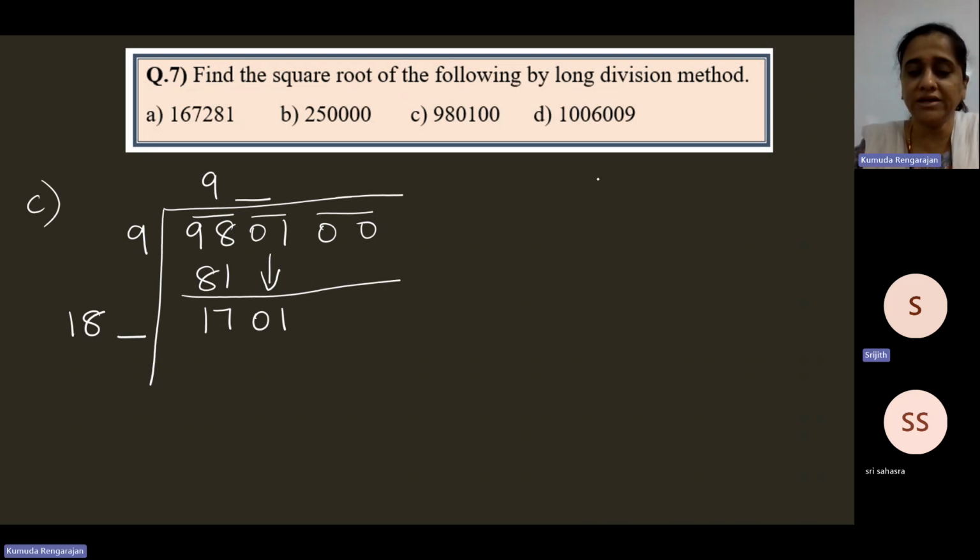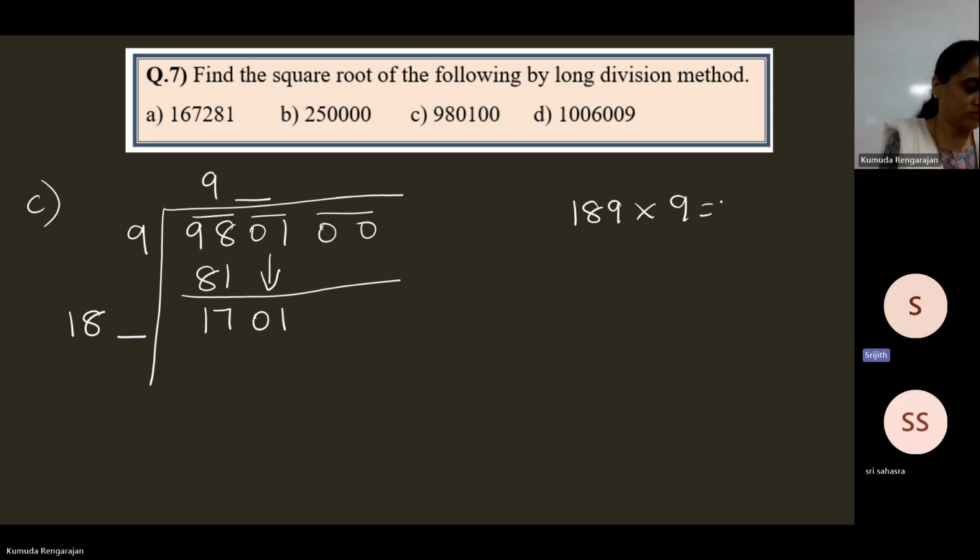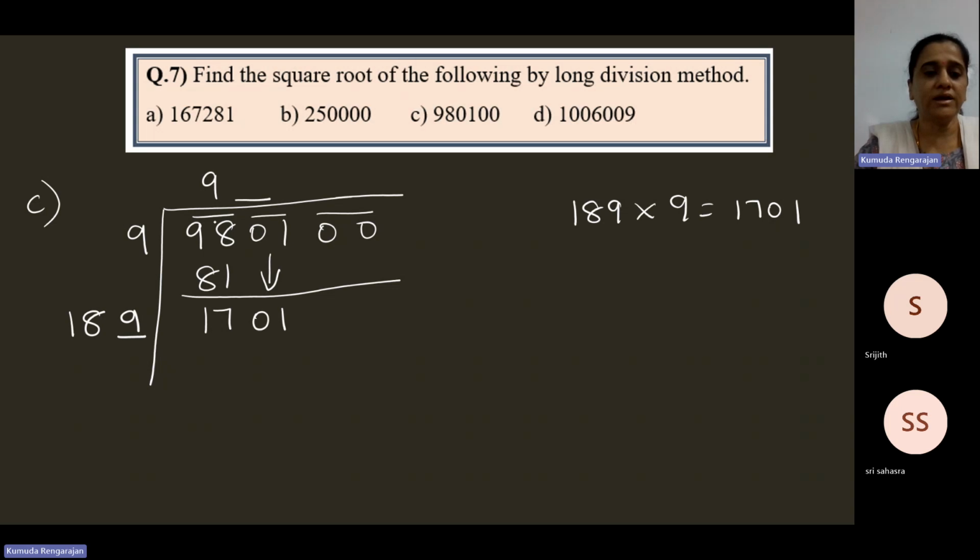Ma'am, 189, is it? Okay. What's the product? What is 189 into 9? So 9 and 9 here. 1701. Remainder 0. Then the next pair comes down.